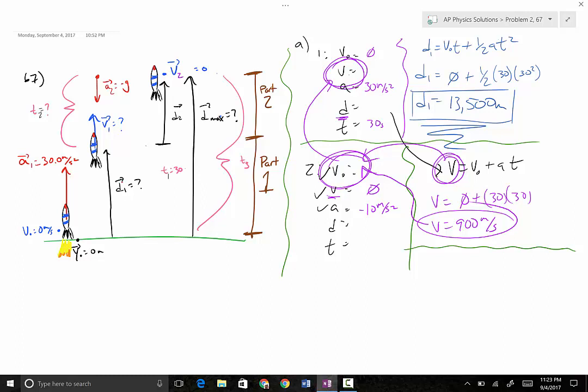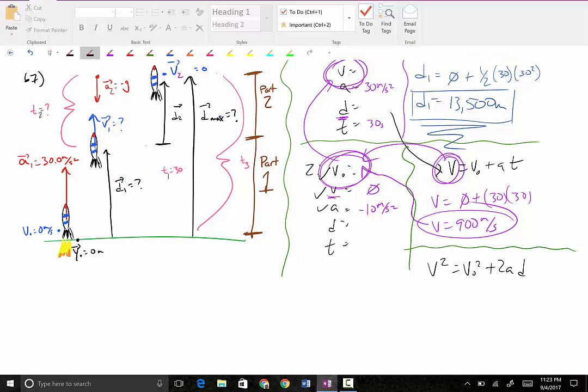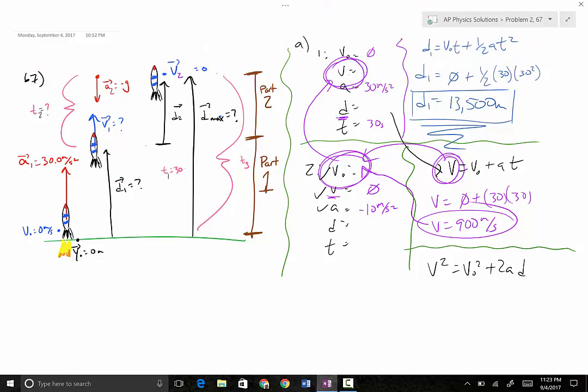If I know those 3 things, I can use V squared equals V naught squared plus 2AD to find out the displacement at which the second part travels. So to isolate, it's V squared minus V naught squared equals 2AD, which is V squared minus V naught squared divided by 2A, which is the displacement.